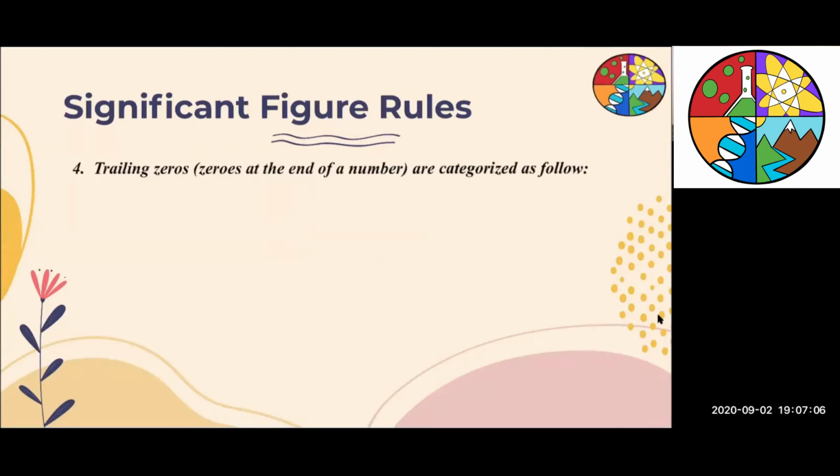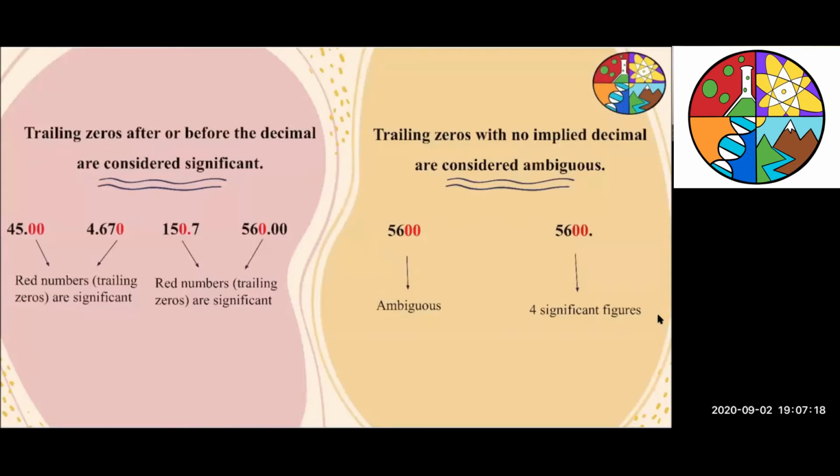Okay. So now are the significant figure rules with trailing zeros. That means any zeros that follow the significant number, like a 1 or a 2 or a 3. Your trailing zeros after or before your decimal are significant. So anything after this decimal and your significant number, which is 45, they are significant, so you will count them.